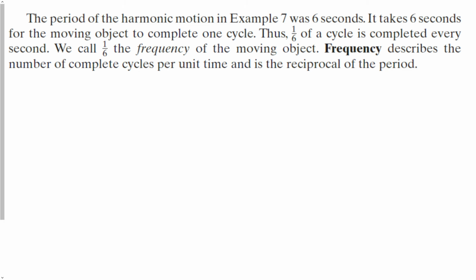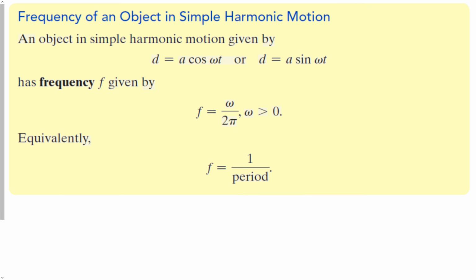It describes the number of cycles per unit time, seconds, minutes, whatever. Okay, so the frequency is just the opposite of the period, because the period was 2 pi over omega, and the frequency would just be 1 over the period, omega over 2 pi.